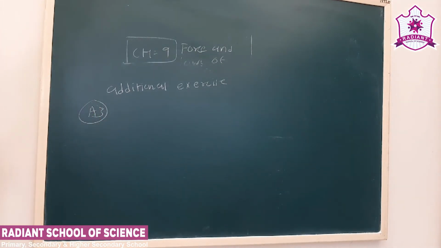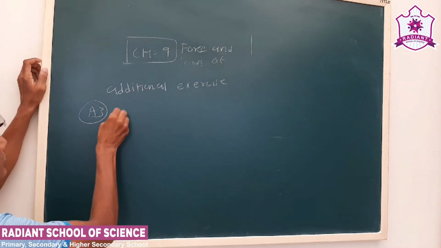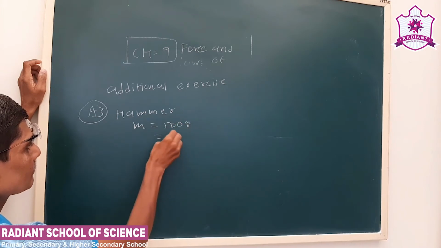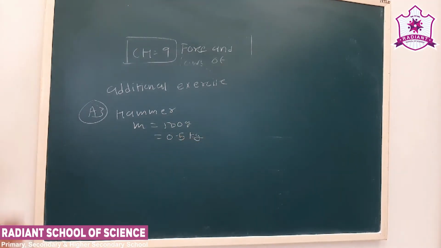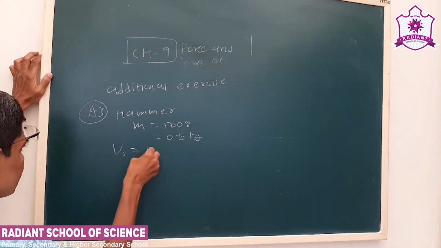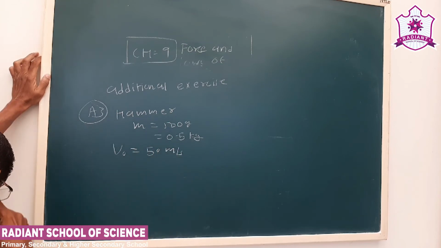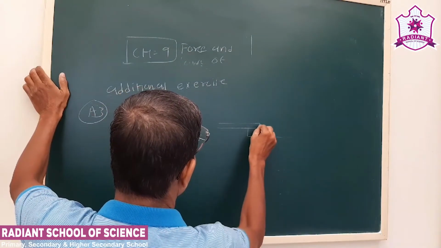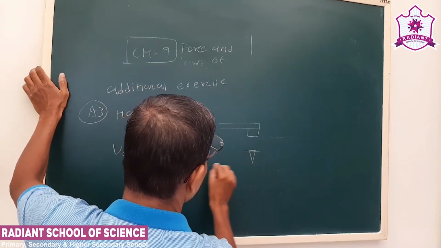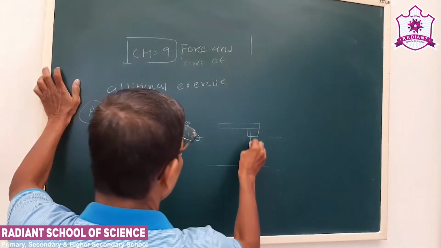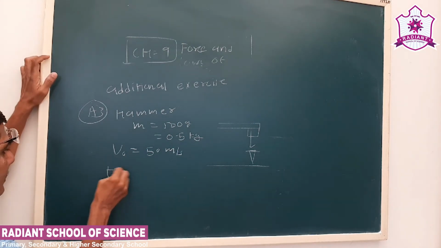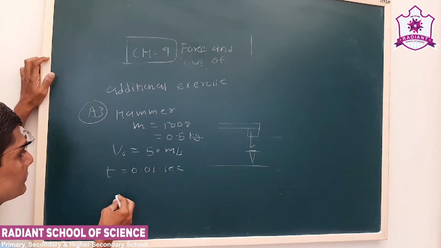A hammer of mass 500 gram, we have to convert in kg, 0.5 kg, moving with the velocity of 50 meter per second, strikes a nail and stops in a time interval of 0.01 second.